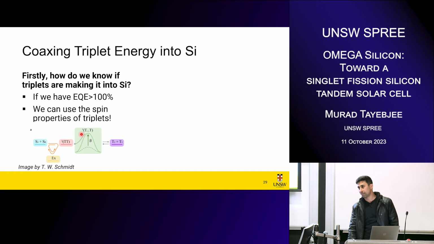If you apply a magnetic field, it actually increases the barrier to separating to your free triplets. And what happens is you end up going back to your S1 and you end up fluorescing light. So as you increase your field, you get more photoluminescence from your singlet fission material, because as you increase the field, you put your finger on the scale and you weigh the equilibrium towards the singlet population, and that will give you more photoluminescence.